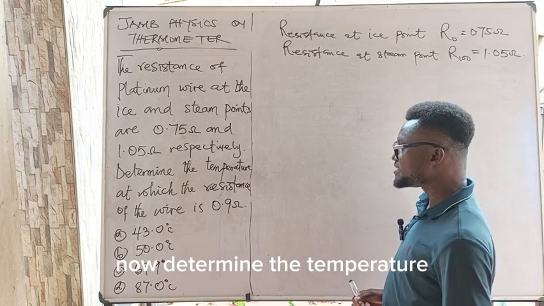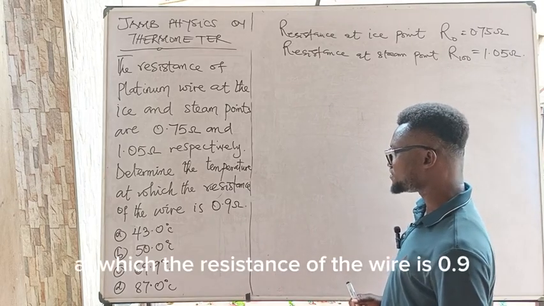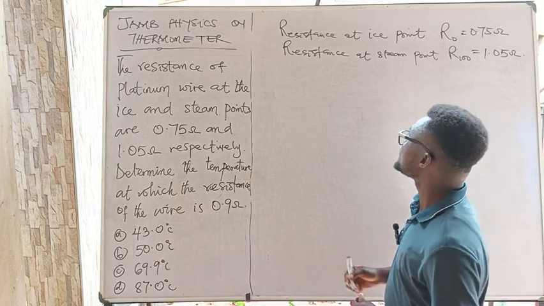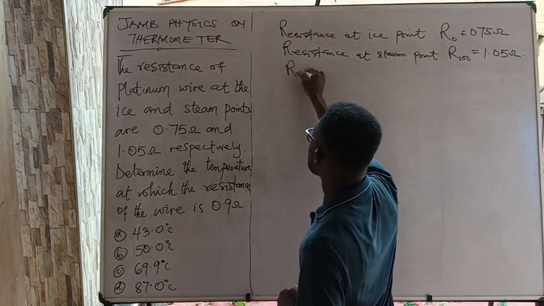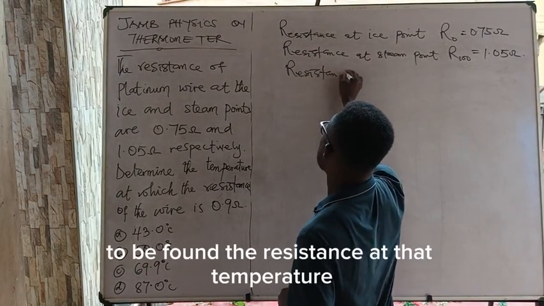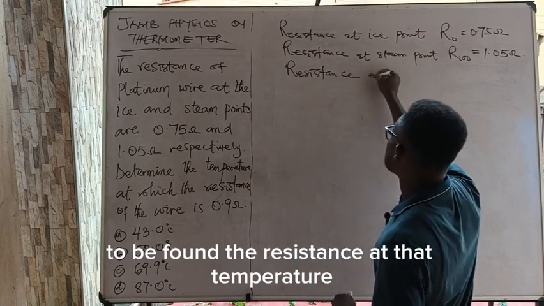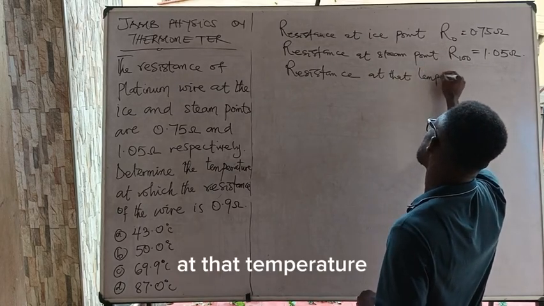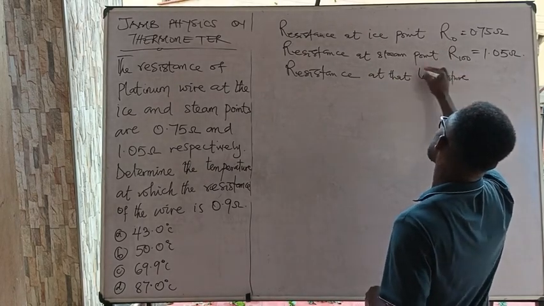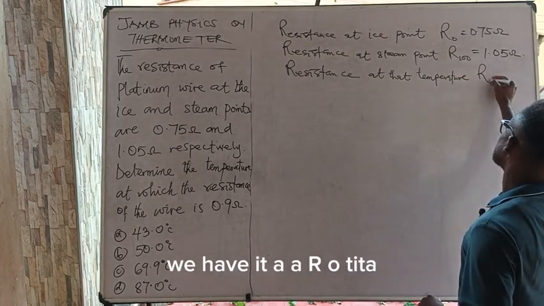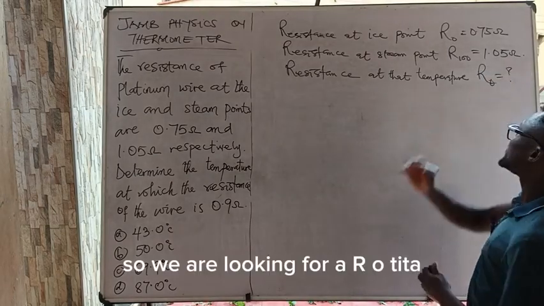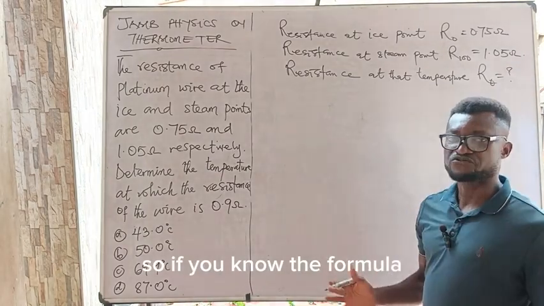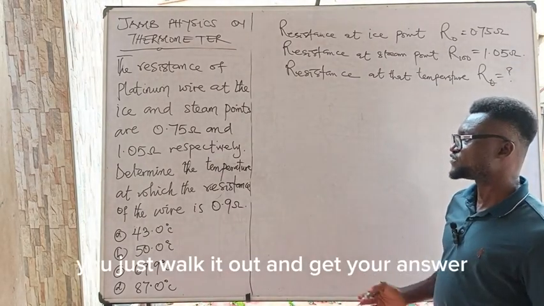Now, determine the temperature at which the resistance of the wire is 0.9. So the resistance to be found, the resistance at that temperature, maybe we have it as R theta. So we are looking for R theta. If you know the formula, you just work it out and get your answer.